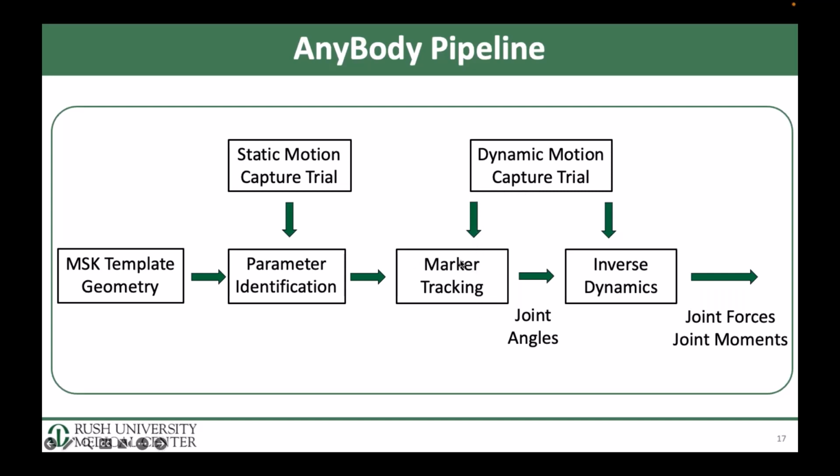The output of the marker tracking are joint angles, which are then provided as input to inverse dynamics. They're combined also with the same dynamic motion capture trial. Inverse dynamics provides as output joint forces and joint moments.